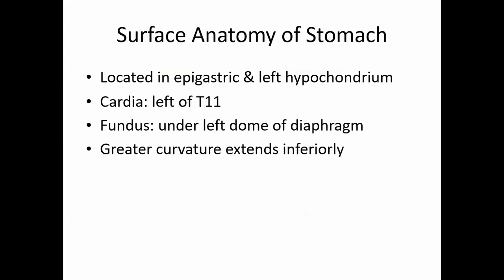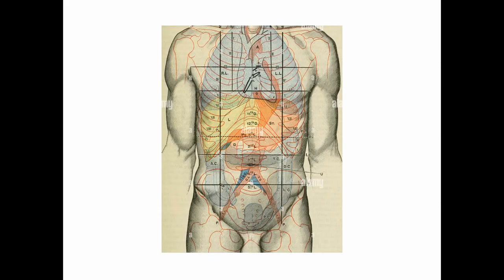Now come to the surface anatomy of stomach. The major part of stomach is present in the epigastric and left hypochondrium region, while the cardia is left of T11, the 11th thoracic vertebra, while the fundus is under the left dome of diaphragm. Greater curvature of the stomach is extended inferiorly.